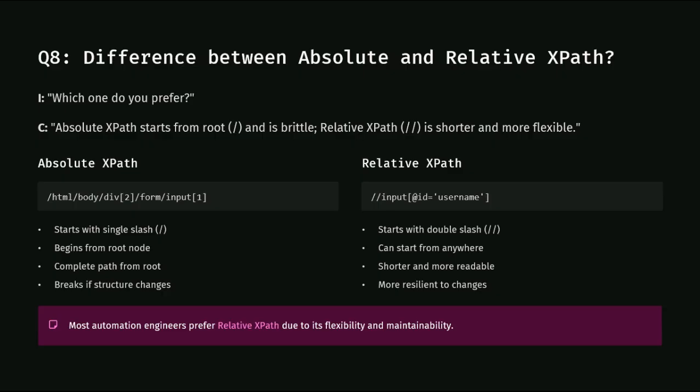Candidate: Absolute XPath starts from the root, with a single slash, and is brittle. Relative XPath, with a double slash, is shorter and more flexible. So most automation engineers prefer relative XPath due to its flexibility and maintainability. Other information you can see on your screen.